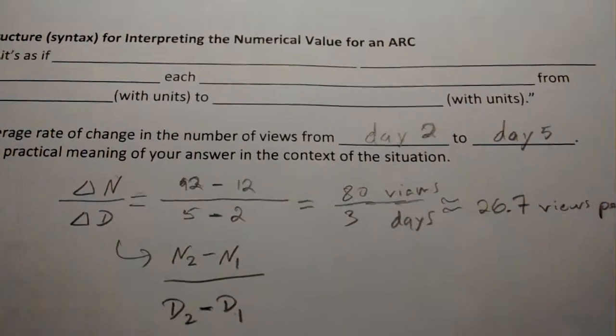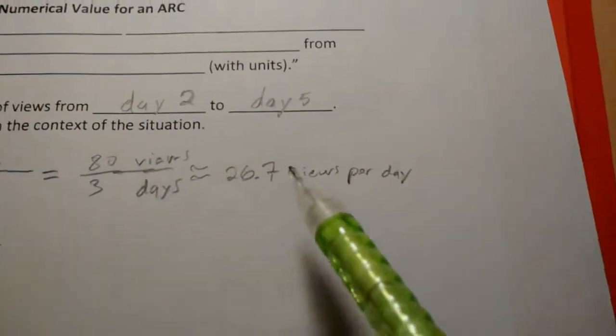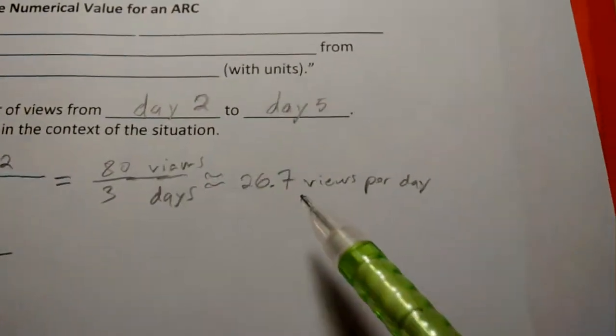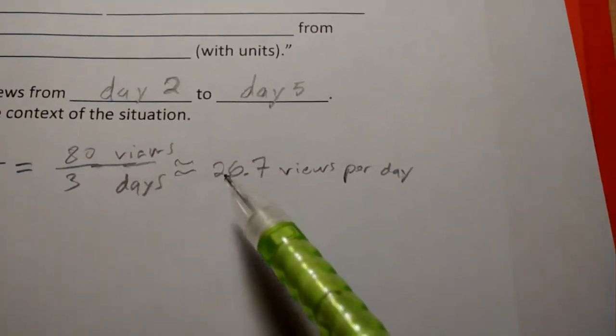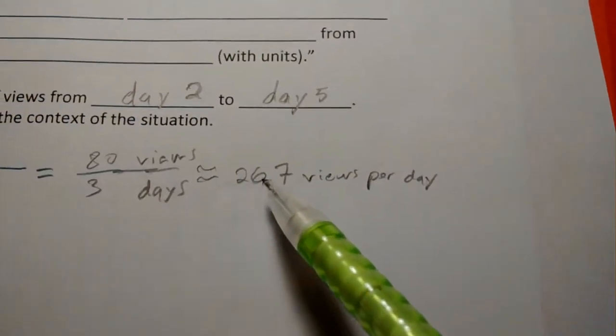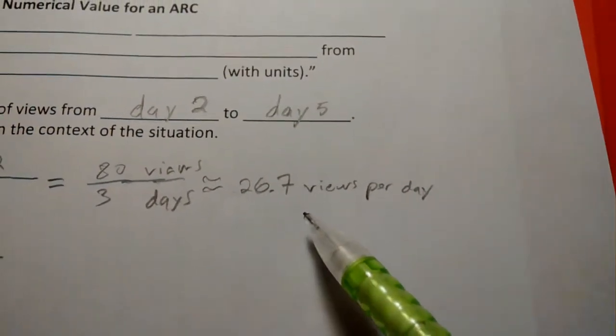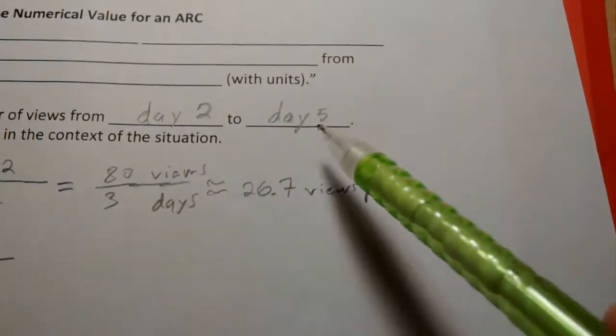Okay, so I'm going to dictate to you the interpretation here, and it's really saying this. On average, it's as if the number of views increased by 26.7 each day from day 2 to day 5.